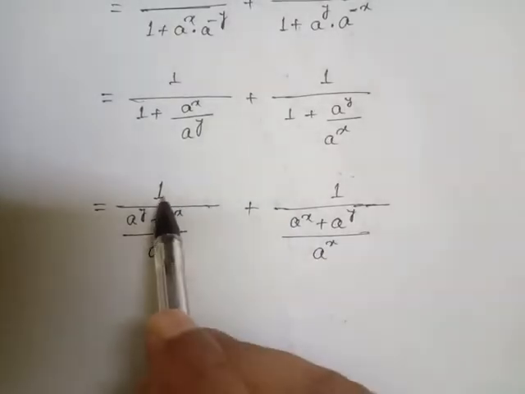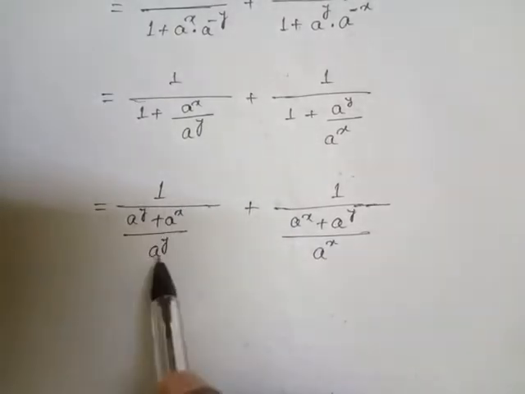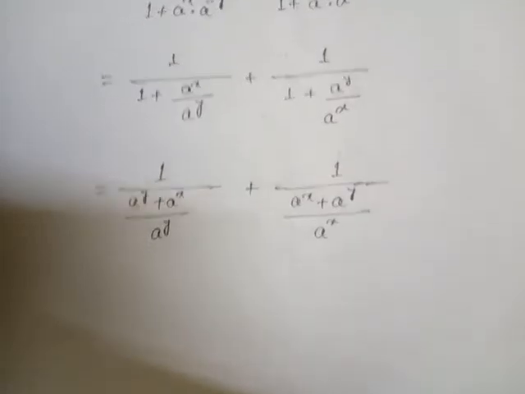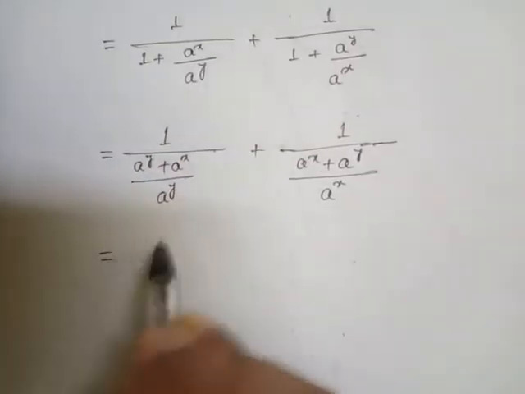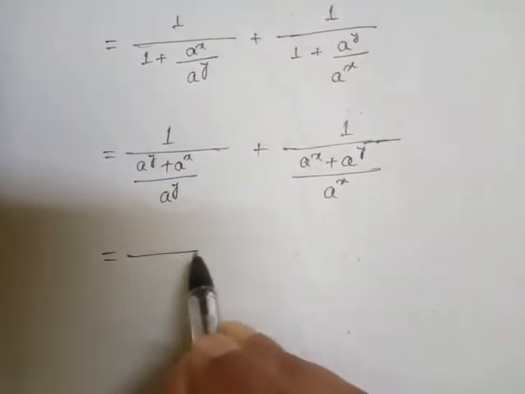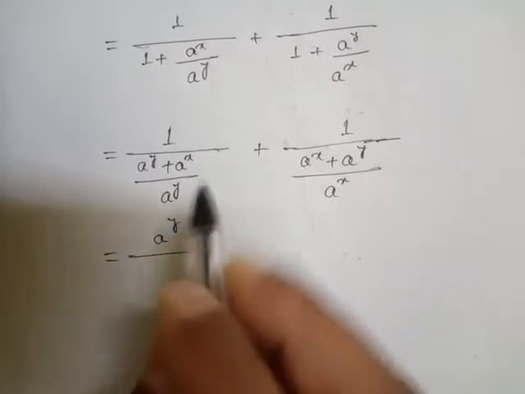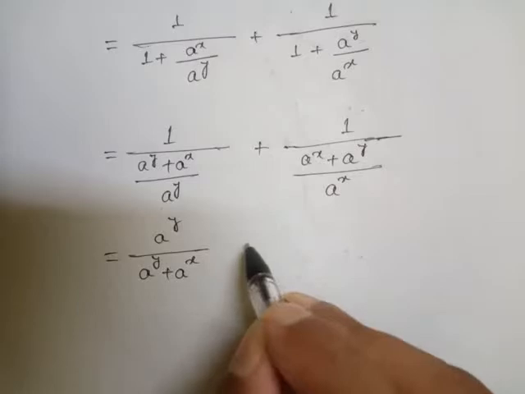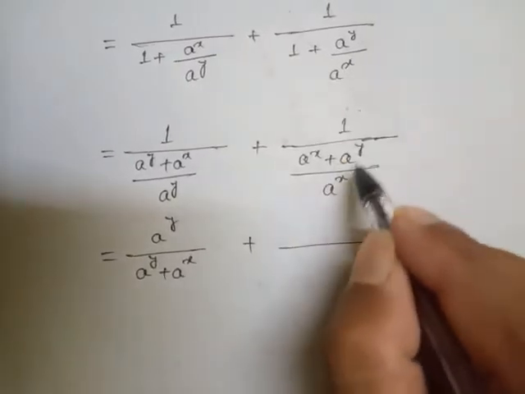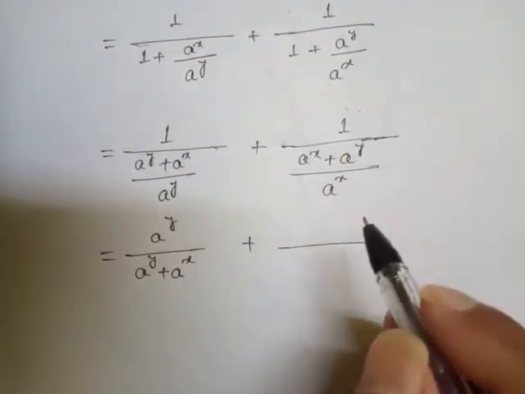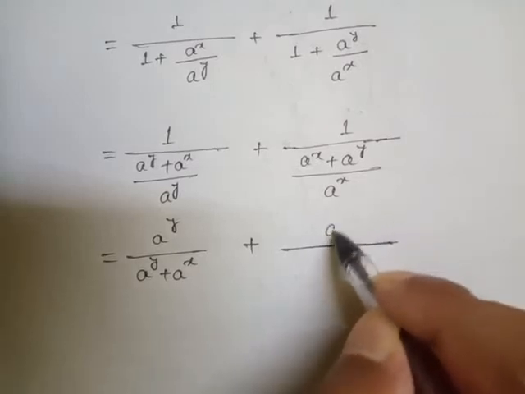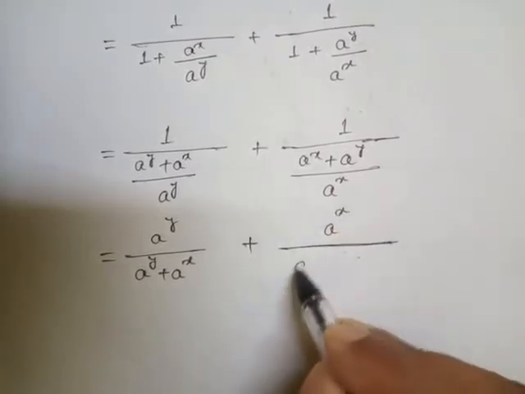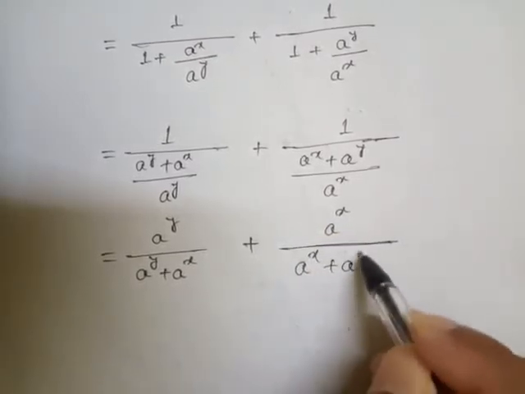Now look, 1 by this means this will go on reciprocal. So here a to the power y over a to the power y plus a to the power x. Similarly here also 1 by this means reciprocal, so a to the power x over a to the power x plus a to the power y.